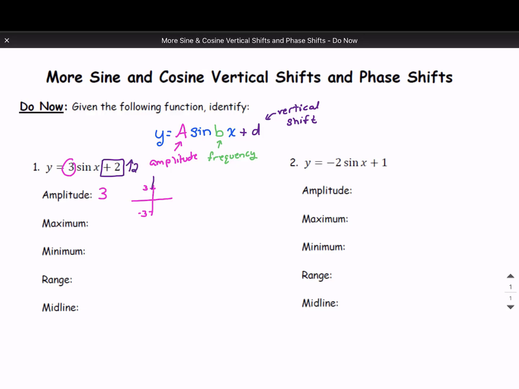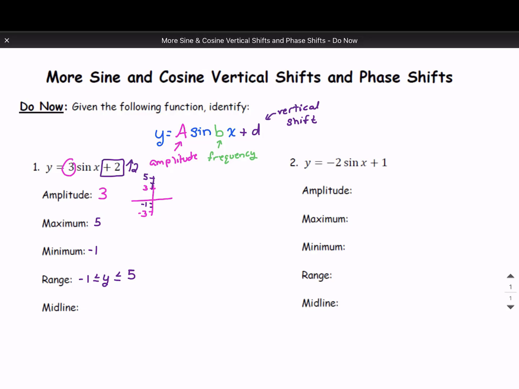So this 3 is going to go up 2 spaces to 5, and this negative 3 is going to go up 2 spaces to negative 1. That means our maximum is 5, our minimum is negative 1, and our range is negative 1 less than or equal to y, less than or equal to 5.